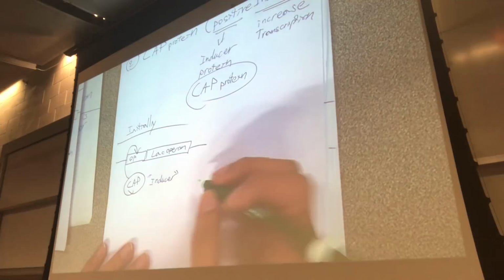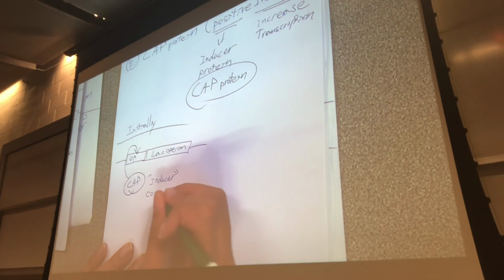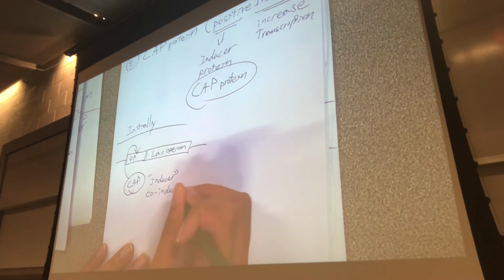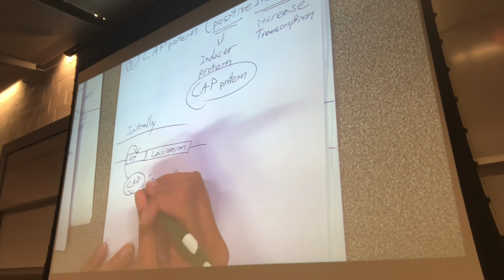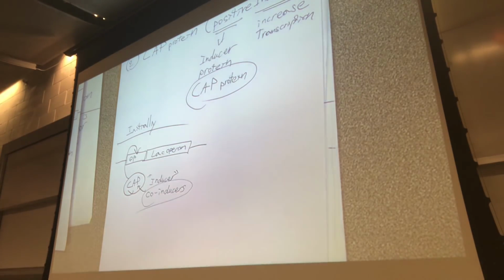Well, it turns out there are also co-inducers for this thing that will bind to the cap protein, change its structure slightly so that it prefers to bind to the open operator. All right, so that's what the co-inducers here will do. These are not the same co-inducers as step 1.